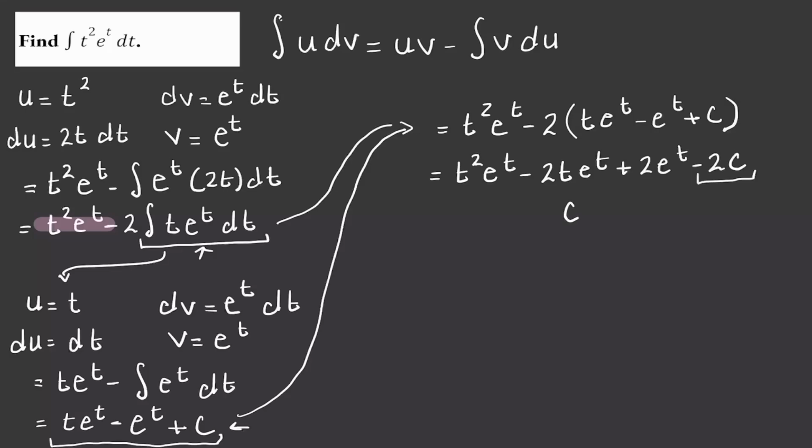So we could just say that c2 is equal to negative 2c, and we can rewrite our final answer as t squared e^t minus 2t e^t plus 2e^t plus c2. Now the subscript 2 right here just shows that we applied the integration by parts twice.